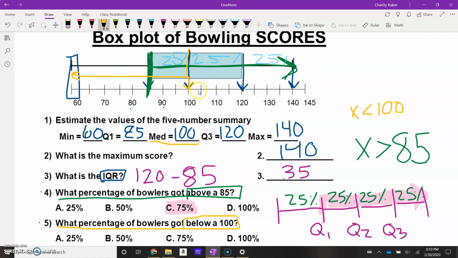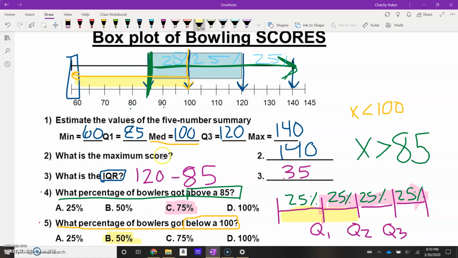So how many sections are we covering if we start at Q2 and go backwards like that? Well, we're covering 2 sections. We're covering the space between Q2 and Q1, and we're also covering the space between Q1 and the minimum. So it's 2 sections. So that's 25 plus 25 is 50. Okay, I know that's a little bit weird, but you can do this.